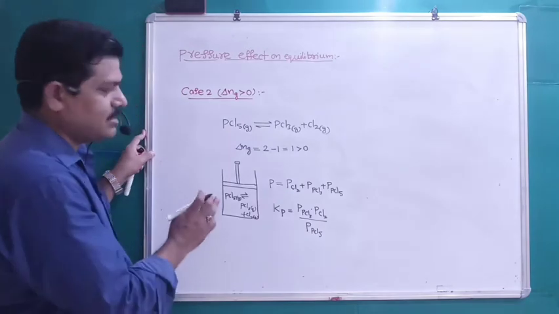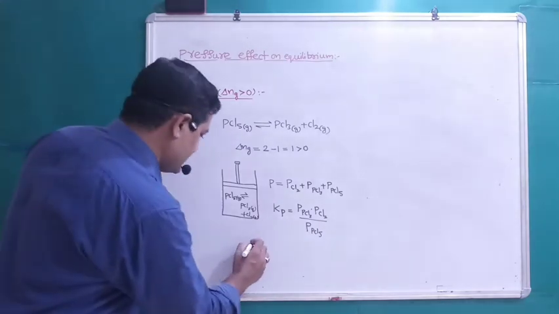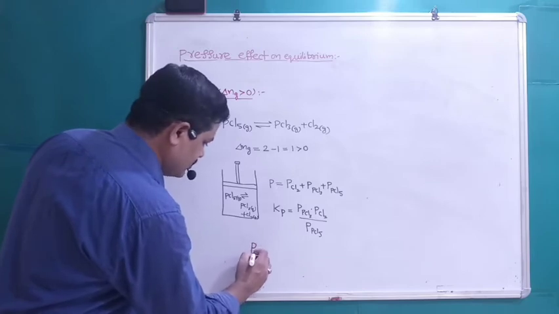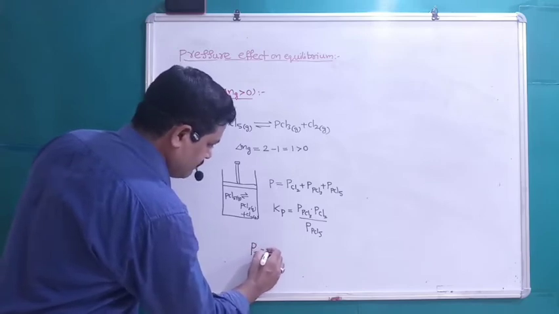We disturb this equilibrium by increasing the pressure by 2 times, so Pt is equal to 2P.